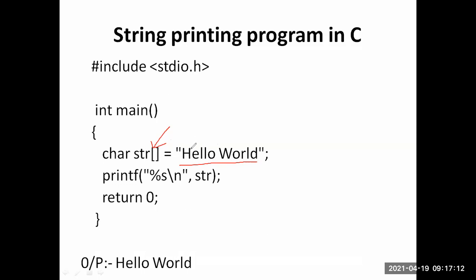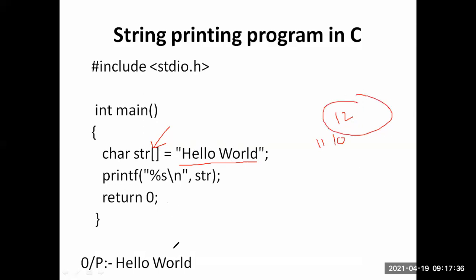So here 1, 2, 3, 4, 5, 6, 7, 8, 9, 10, 11, 12. It will allocate memory. The string size is 12, because we have 11 blocks of data including the space, and the last one is null, so it allocates that size. The compiler will allocate by default a size of 12 for str.